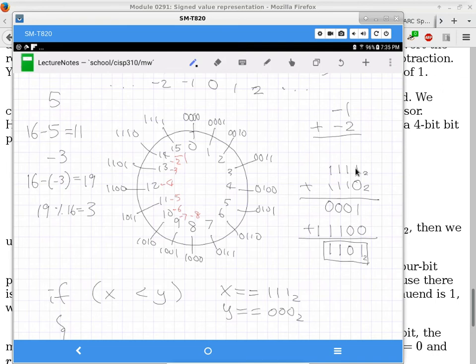But we have a minor problem here. If everything is 4 bits wide, so is your subtractor. What is the problem with trying to subtract something from 16 when the subtractor is only 4 bits wide? 16 cannot be represented using 4 bits. So how do we fix that problem?